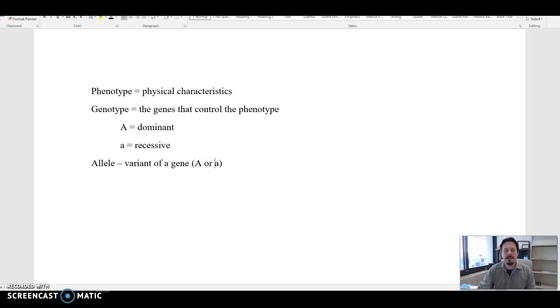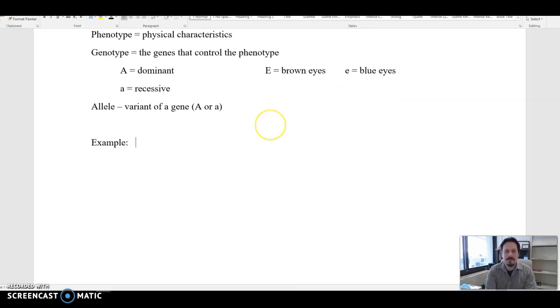So I'll give you some examples of what I mean. If you have a big E, let's say that is brown eyes, and we'll change the letter to an E for eyes. If you have the lowercase letter, that equals blue eyes. So you can think to yourself, what would somebody be if they had a big E?